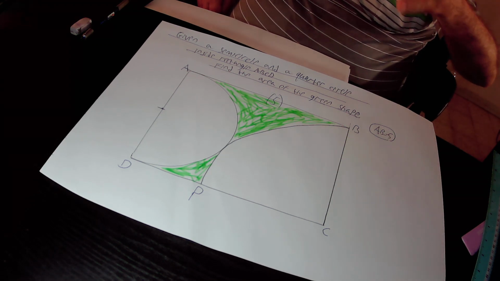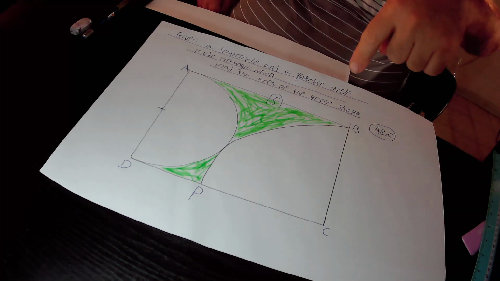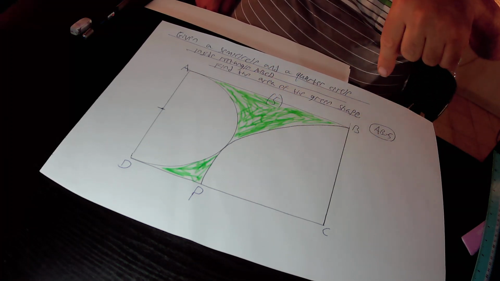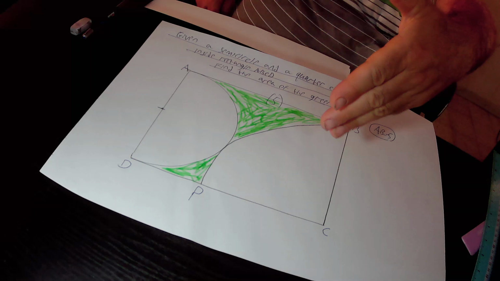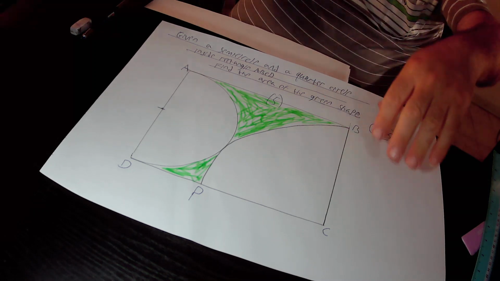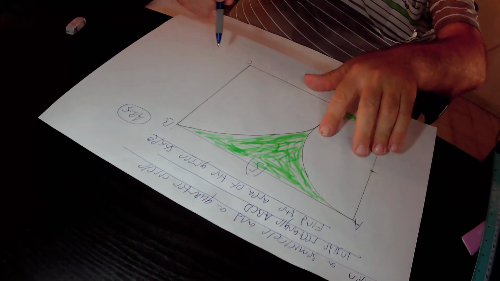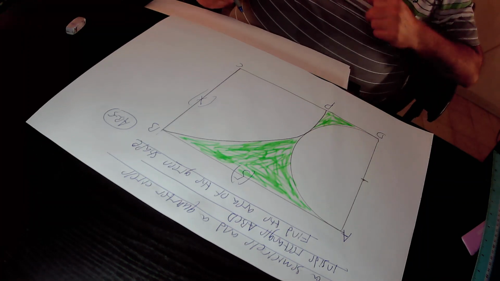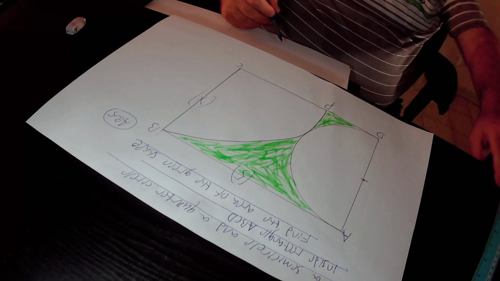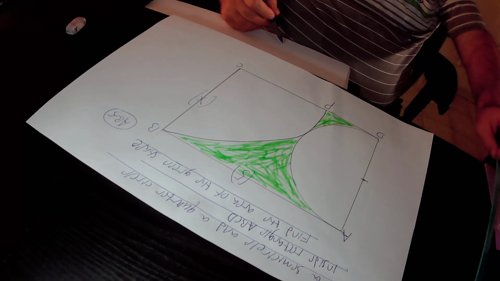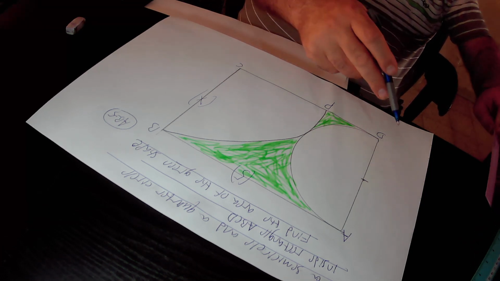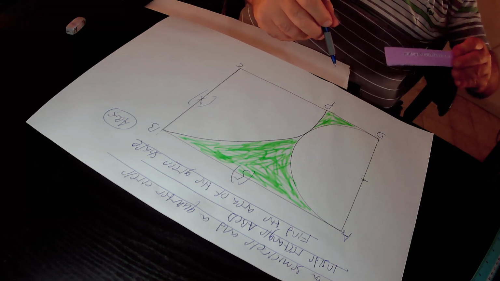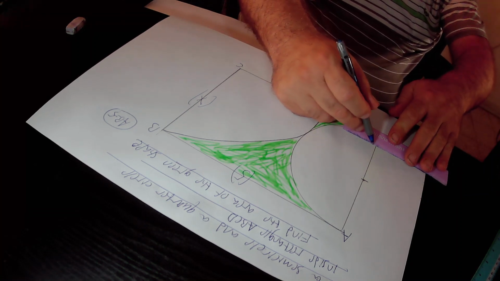So, in the first step, we will define the radius of this quarter circle as x. Therefore, BC, this is the radius of this quarter circle, equals x according to our definition. We know that all the angles inside any rectangle are right angles, and therefore angle ADC is a right angle.